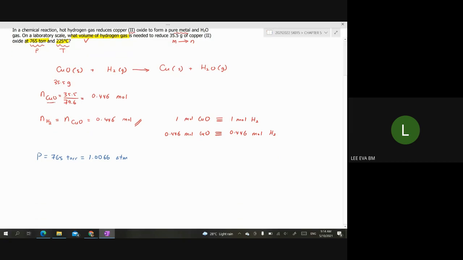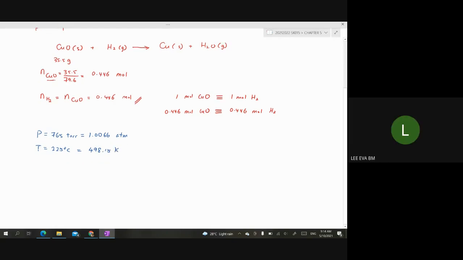Okay, so dekat sini temperature pun kita tukar teruslah. 225 degree Celsius sama dengan berapa Kelvin? 498.15. Okay, very good. So now we apply into PV equals nRT. Pressure, volume, number of mole for hydrogen gas, and then RT.